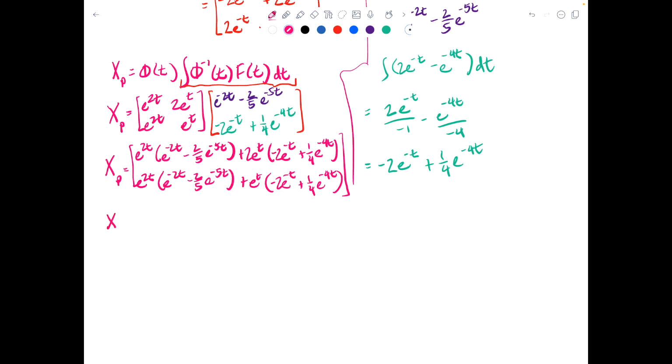Simplifying, we will have 1 minus 2/5, and that'll end up being e to the negative 3t, and then minus 4 plus 1/2 e to the negative 3t.